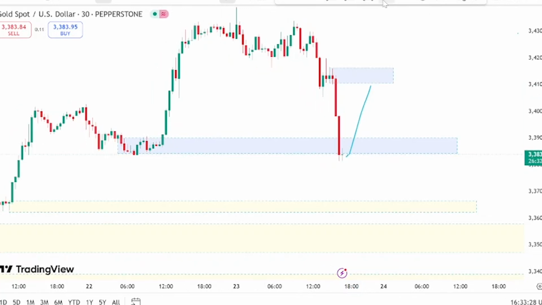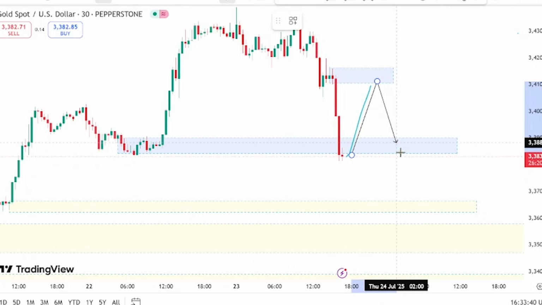So I need the market to move up, and this time I will be looking for a sell from this area, anticipating the market. I will be targeting this area and this one, and even below this one.